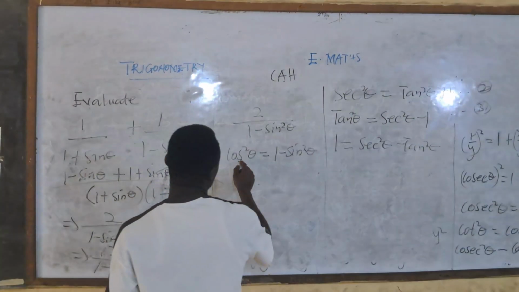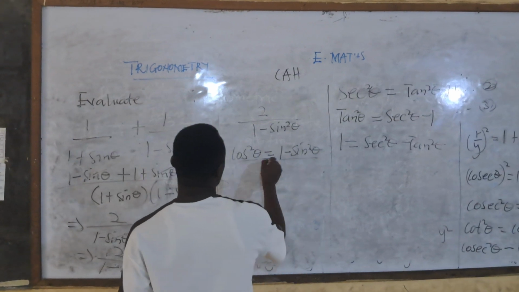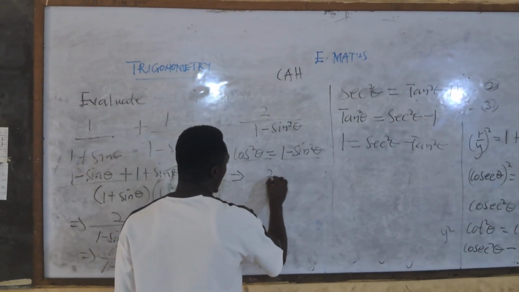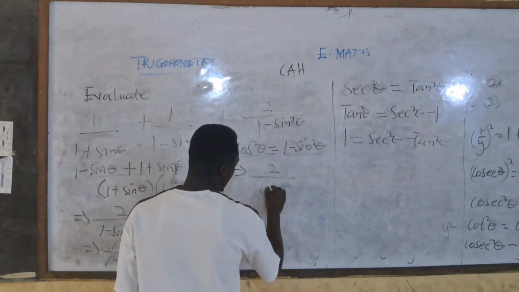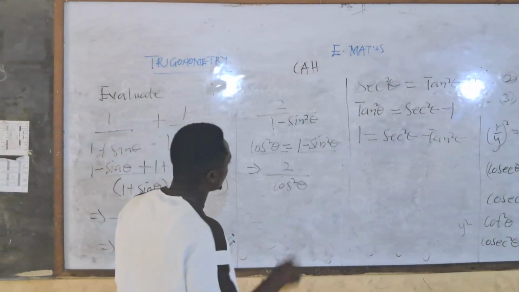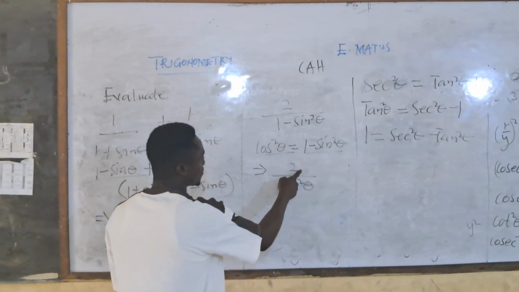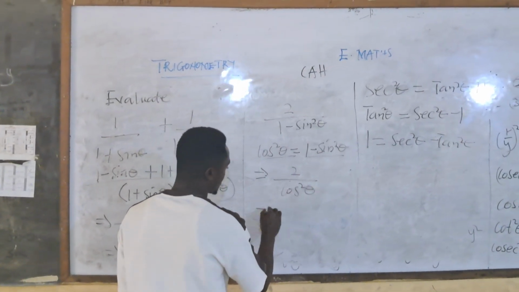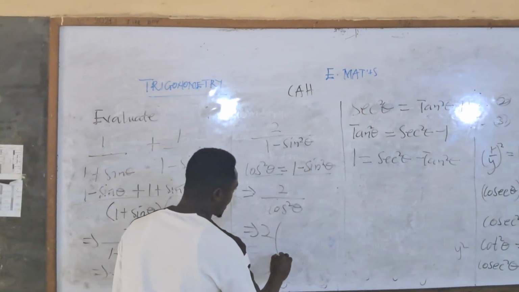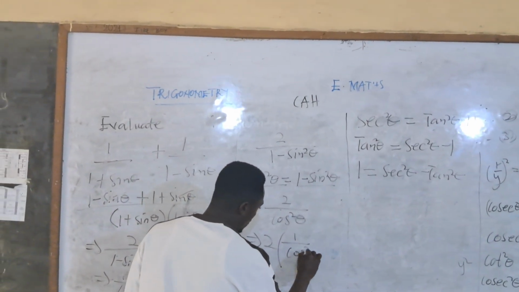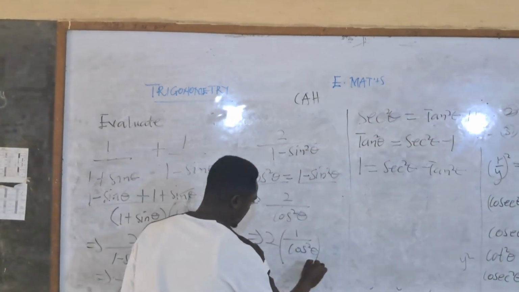So in place of this, we can put cos square theta there. Therefore we have 2 on cos square theta. Now let's factorize 2 out. I'm going to have 2 into brackets 1 over cos square theta.